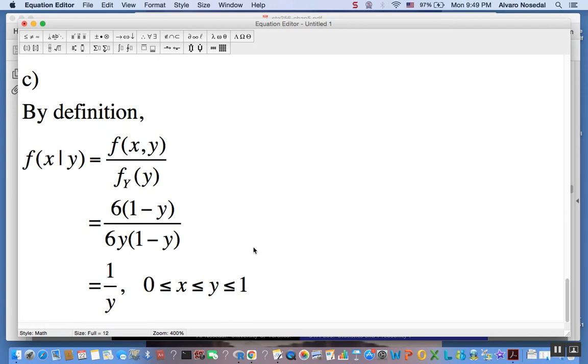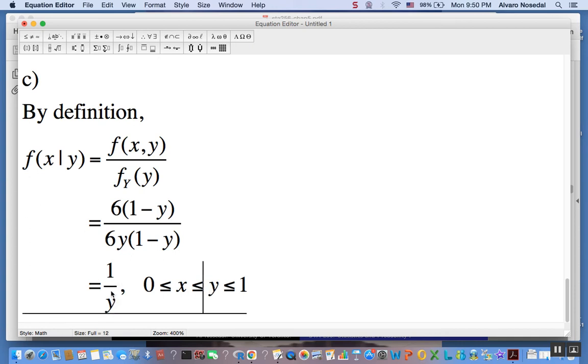But now, here goes another comment. You have 1 over y. Note that this is a conditional probability density, right? So for instance, if y is 1, 1 over 1 is just 1, and then you would have an expression that looks like this: 1 if x lives between 0 and 1. If you had that, you go, oh, that's a uniform in 0, 1. So what we have seen here is a uniform distribution.